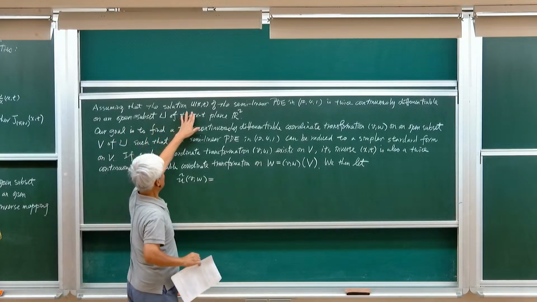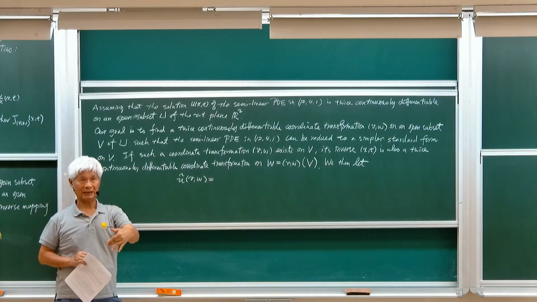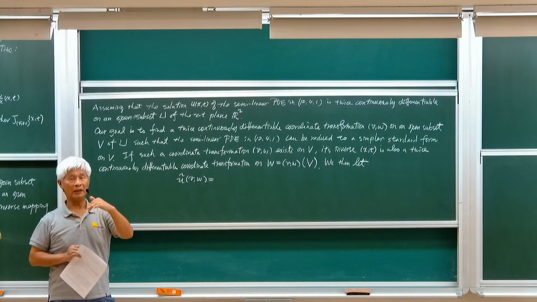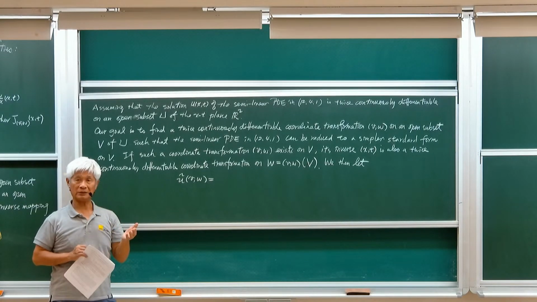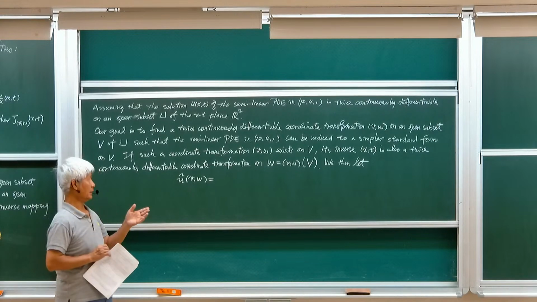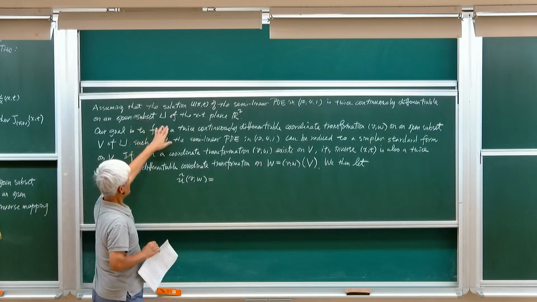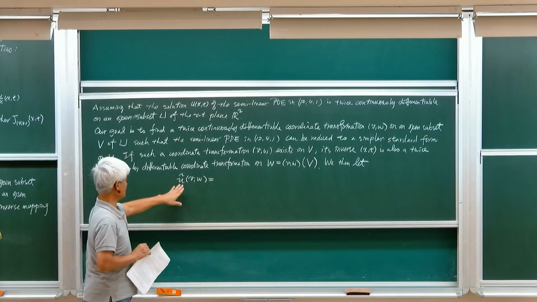Our solution U is in the xt plane, right? Now, when we do the coordinate transformation to the VW plane, we want to know in this new coordinate system what the corresponding PDE is. Okay. Before that, we know the solution here, this function under the coordinate transformation.